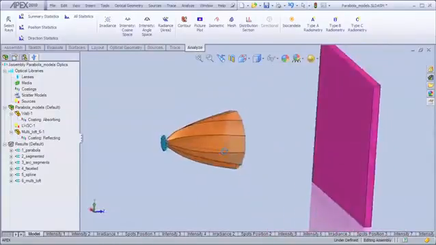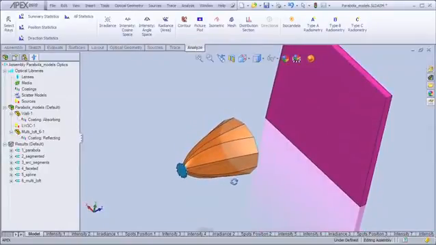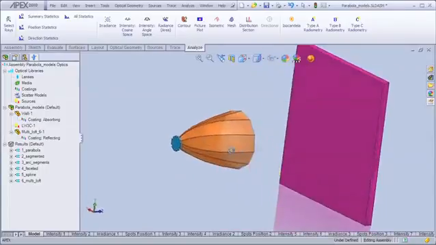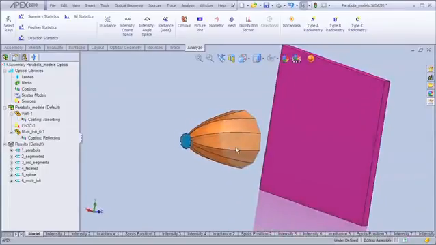But again, what this allows you to see is the wide variety of surface shapes you can create and combine within Apex to try to get the necessary illumination distribution for your particular application.